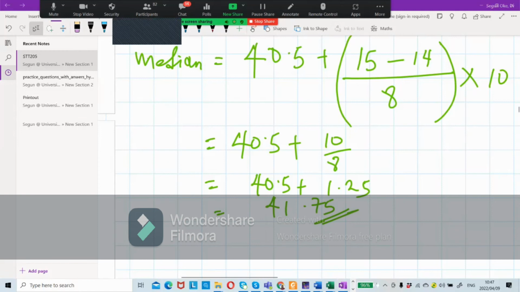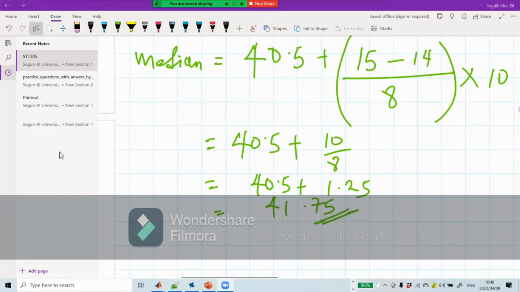The last total we are doing now, 40.5 plus 10, I thought 15 minus 14 in the bracket is 1, so 10 times 1. Punch your calculator.